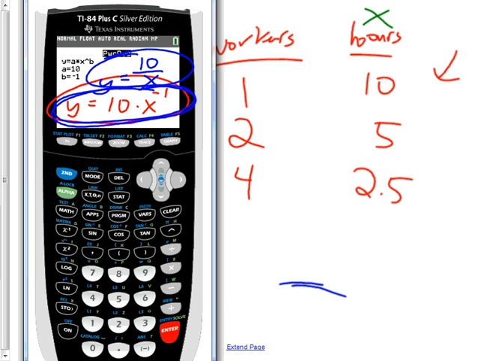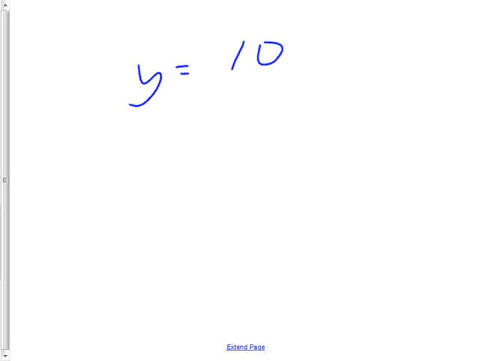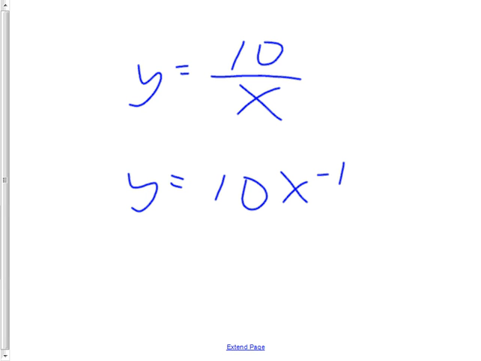So if I said Y equals 10 over X, do you get that as a power function? I'd have to rewrite, put the X up on top. You know what I'm saying? And now I can say what the power is. What's the power? What's the constant of variation?